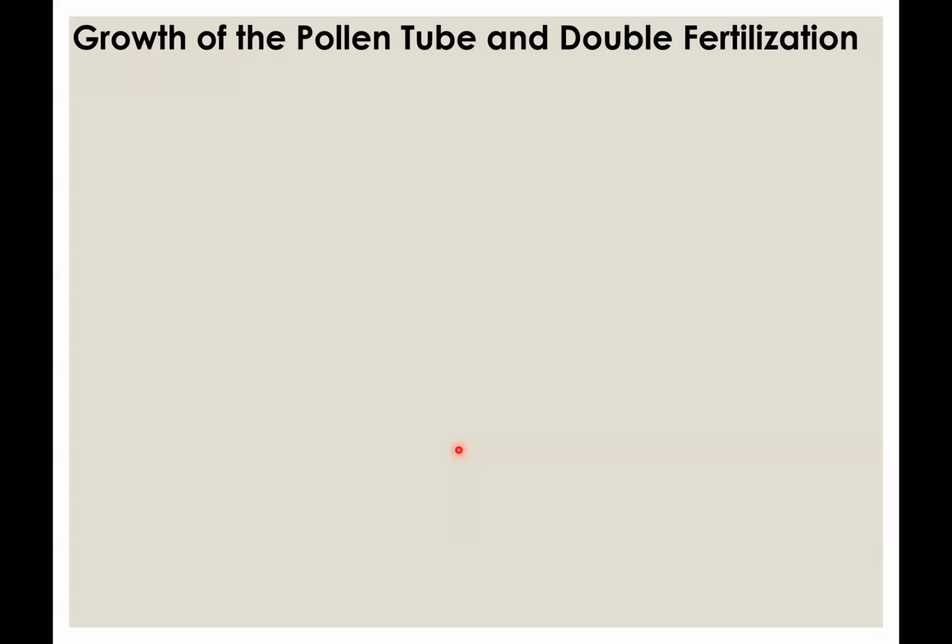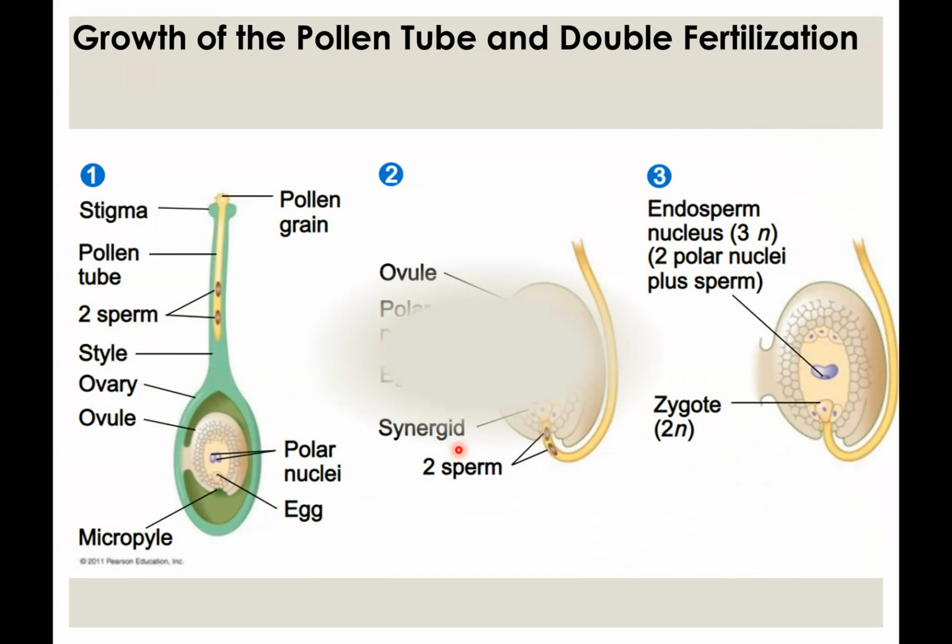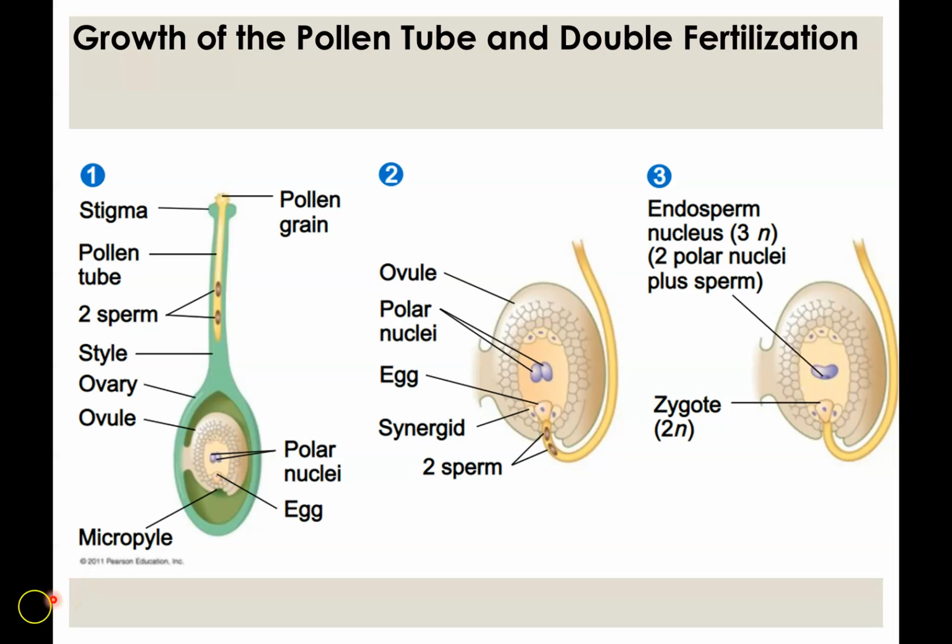Now let's take a closer look to summarize the growth of the pollen tube, as well as how the double fertilization occurs, using a diagram. And I've chosen to divide this process of the growth of the pollen tube as well as the fertilization into stages. So in stage 1, imagine the pollen has landed on the stigma of the pistil, right?